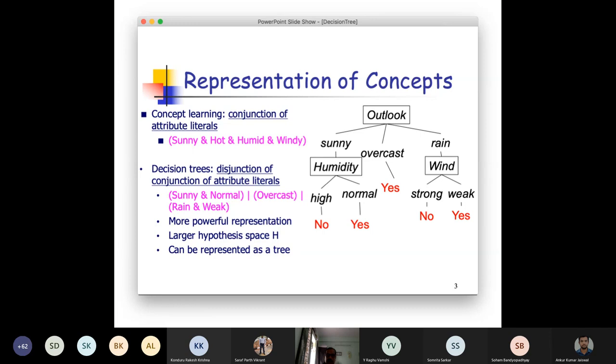That means, suppose this is the expression we are implementing here, you can see that this path corresponds to this part of the expression. Similarly, this one corresponds to this part of the expression, and this one corresponds to this part of the expression.